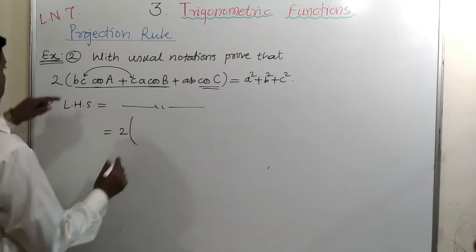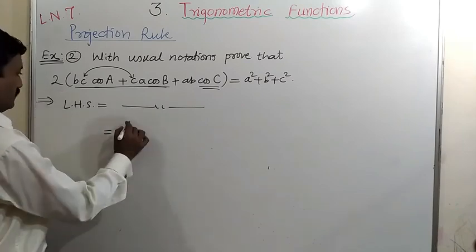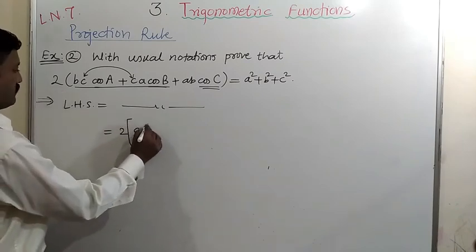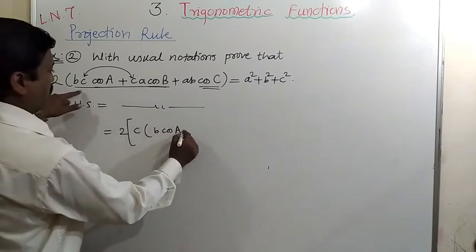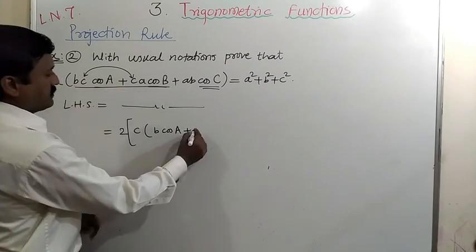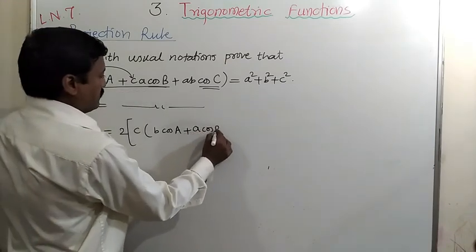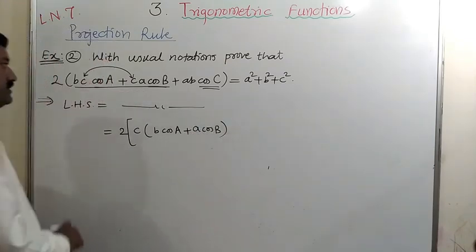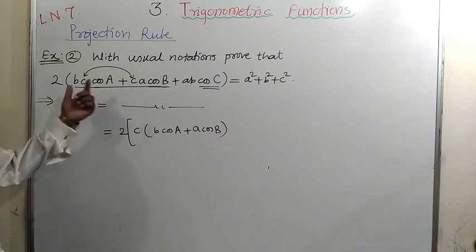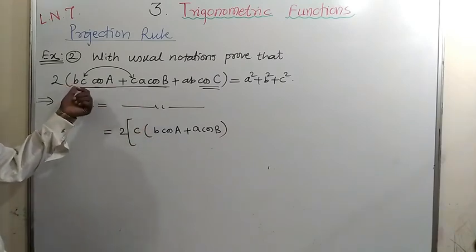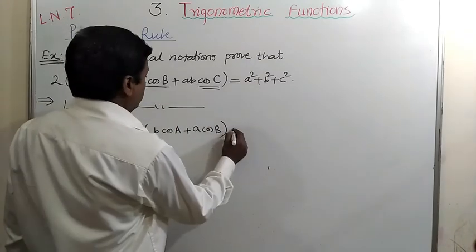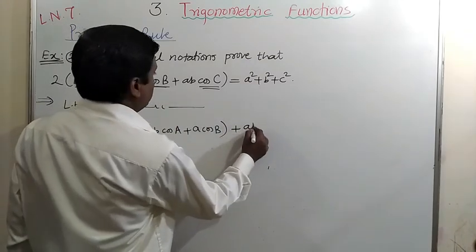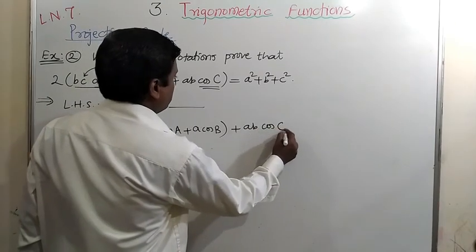So 2 in bracket c in bracket, we get here b cos A plus a cos B. From these two terms we have taken c common, so remains b cos A and a cos B. The third term is as it is, that is ab cos C.